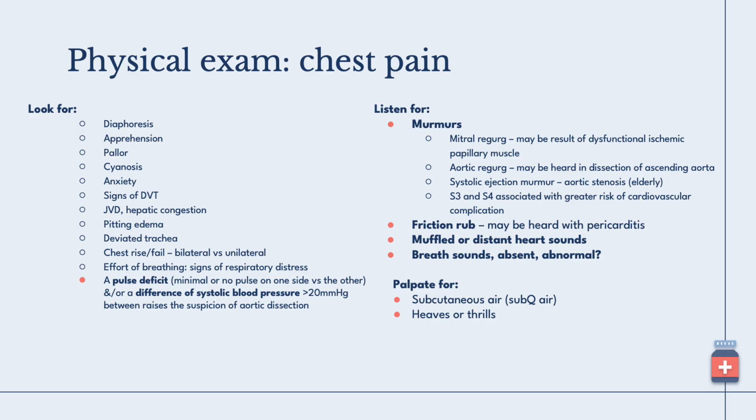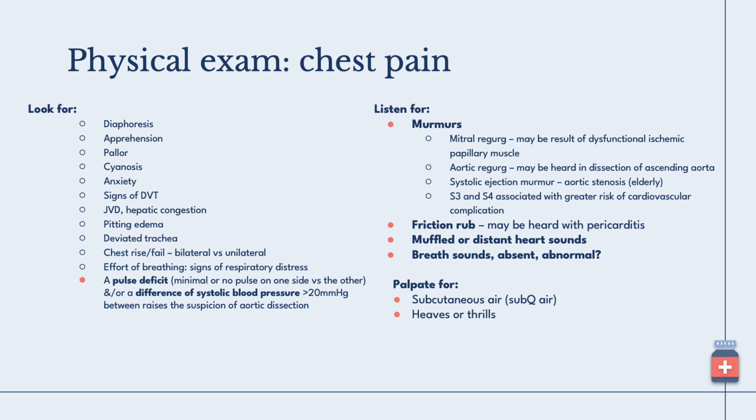What's the chest rise? So do we have bilateral versus unilateral? That'll give us information. Could I be potentially dealing with a pneumo? Is there a pulse deficit or a difference in systolic blood pressure?